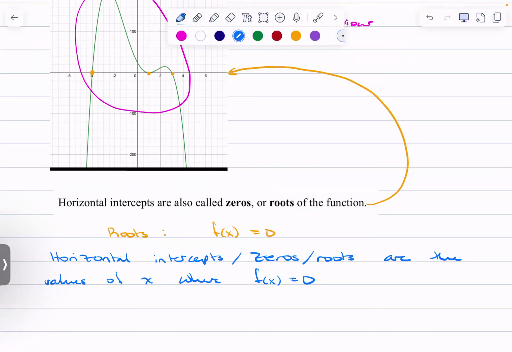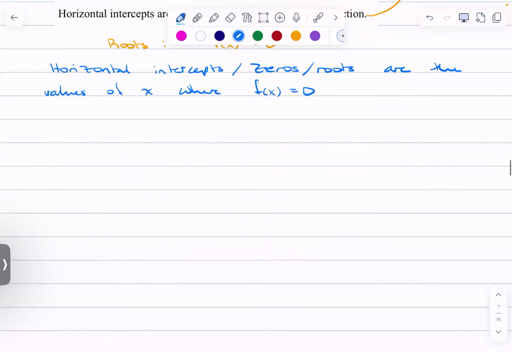So we can find the roots, find the horizontal intercepts.